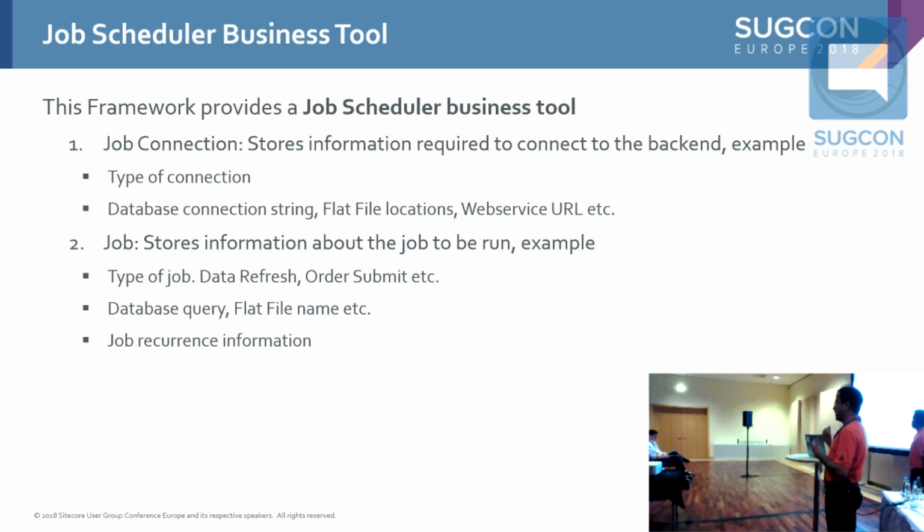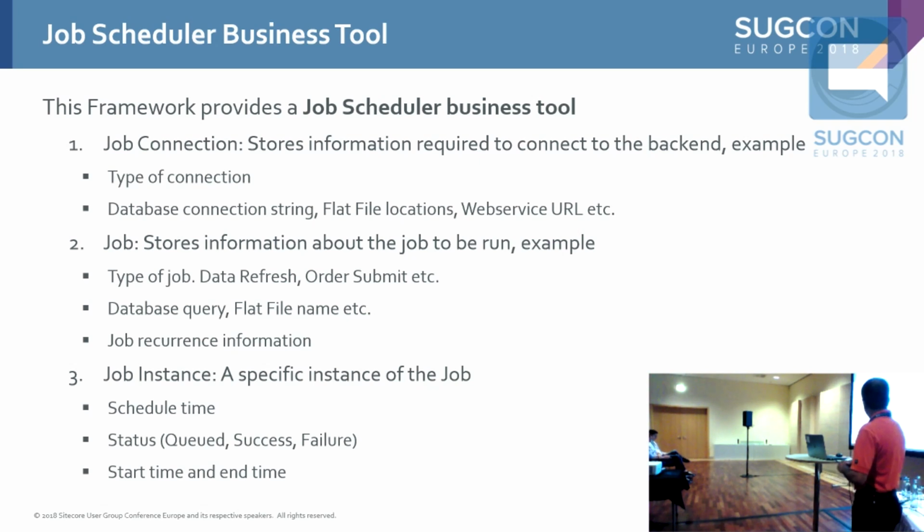It will have recurrence information. You want to run this job, say every night at 12, pull the product data, so you can set it up to run every day at a certain time. Those information will be in the job.